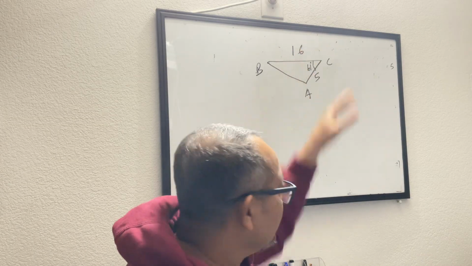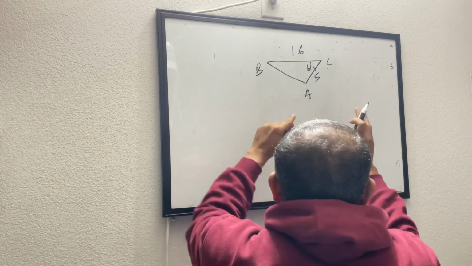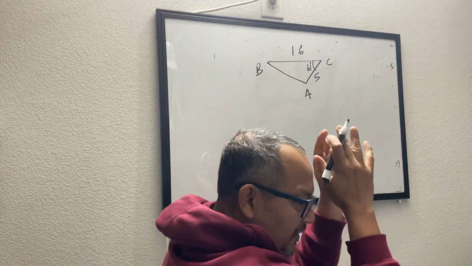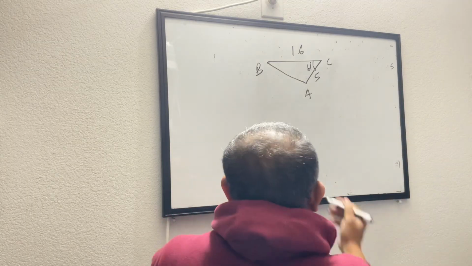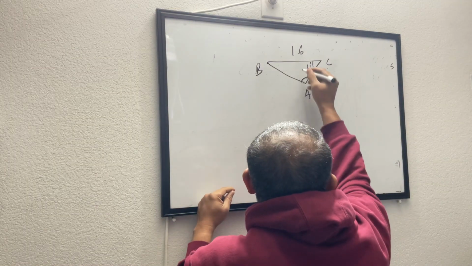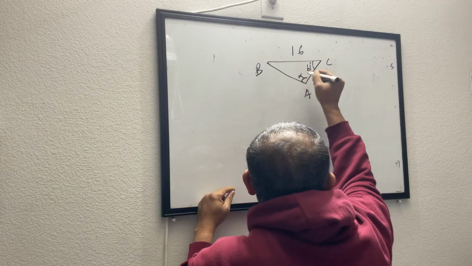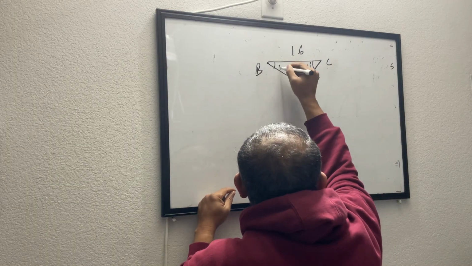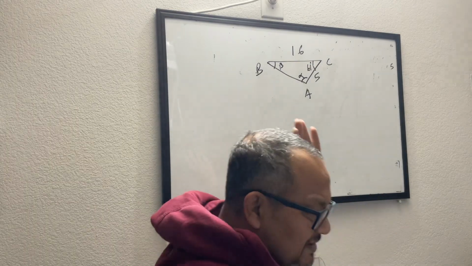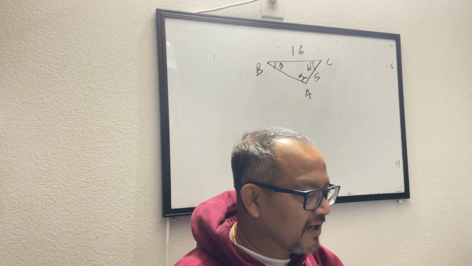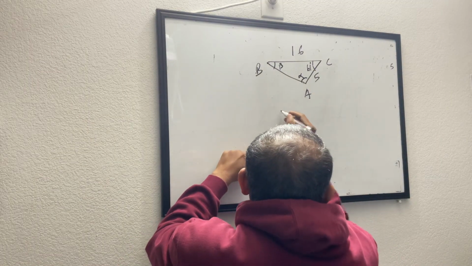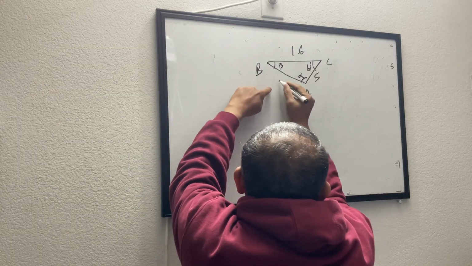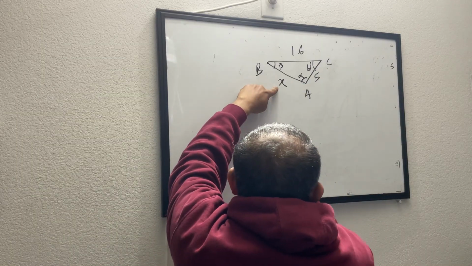So again, let's break it down. Let's say we are hell bent on using law of sine, okay? Let's give it a name. This is alpha and let's give this the name beta. Okay, let's force ourselves to use law of sine for solving this. So let's say sine 61, and this is not known, we'll give it the name x.